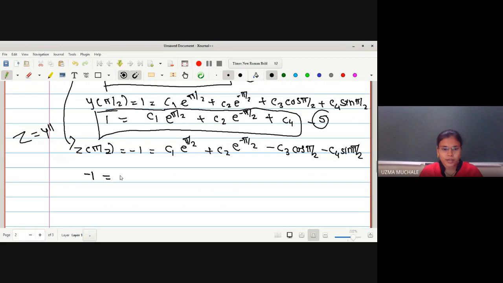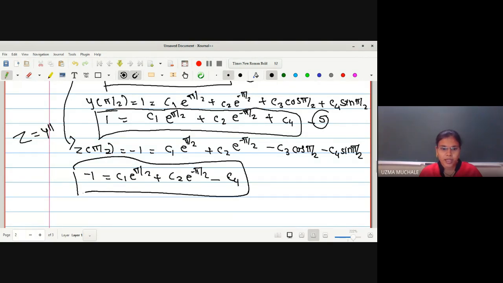So minus 1 is equal to C1 e raised to pi by 2 plus C2 e raised to minus pi by 2 minus, again, cos pi by 2 is 0, sin pi by 2 is 1, so we get C4. This is equation number 6.